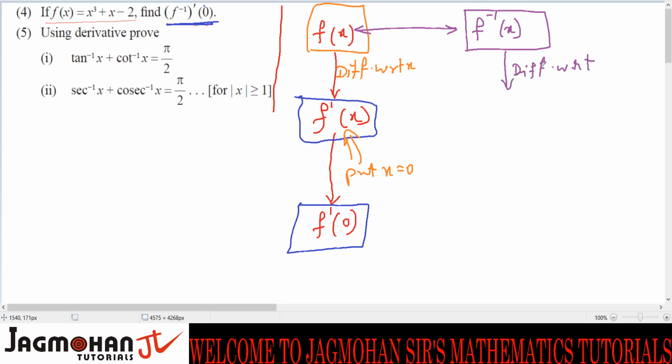So remember, students, when you differentiate f of x, you get dash of f, that is f dash x. So when you differentiate f inverse, you will get dash of f inverse. So dash of f inverse will look like this, students.